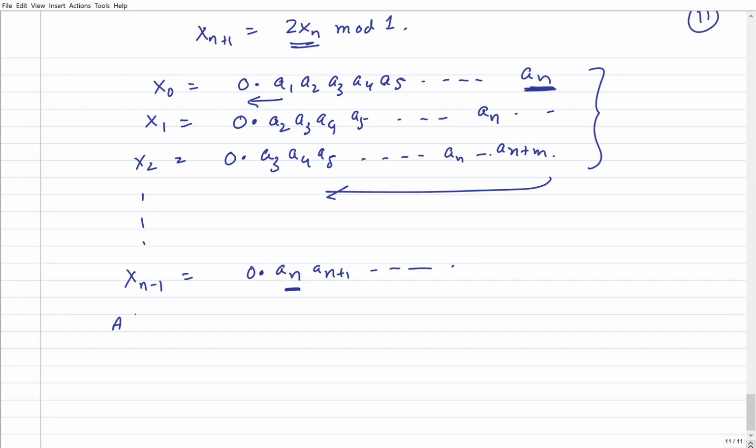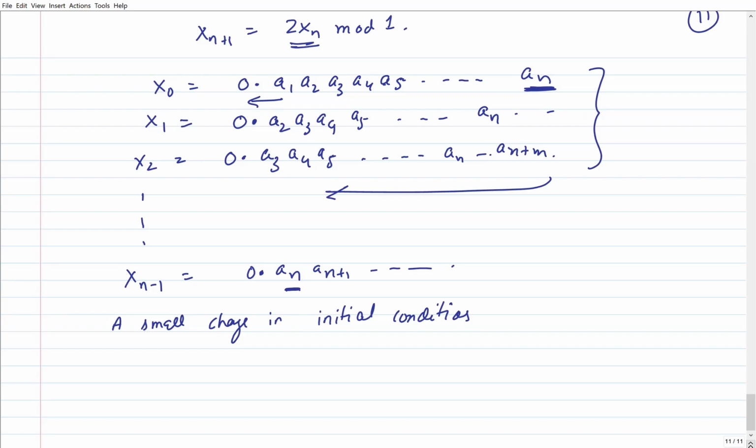And that's essentially what chaos is. Very small changes in initial conditions lead to exponential sensitivity.